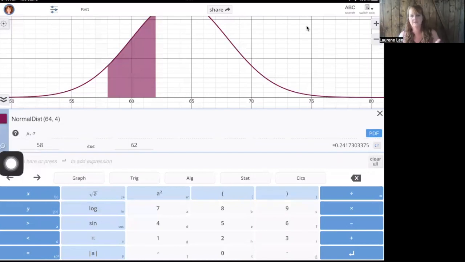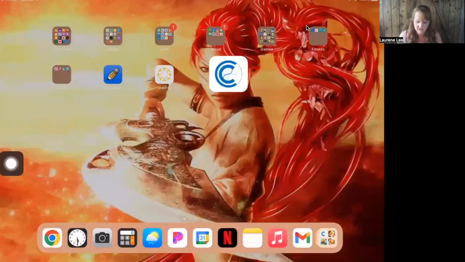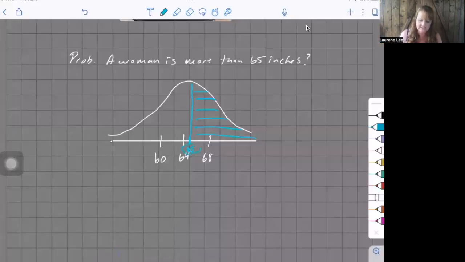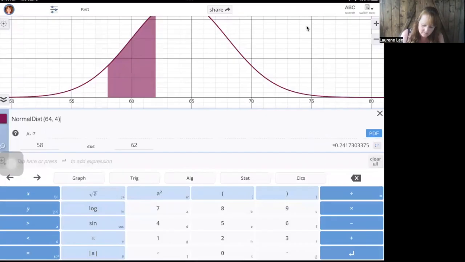So my lower bound is the left part of my colored region. So the left side of the colored region is 65. The right-hand side is infinity. Okay, the left-hand side over here is negative infinity. So if it's to the right like that, then it's a positive infinity.